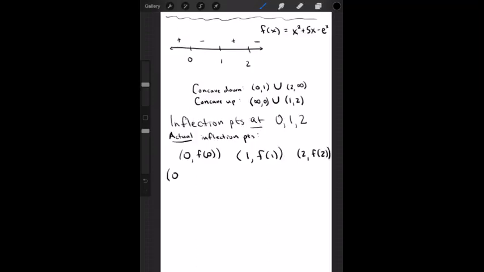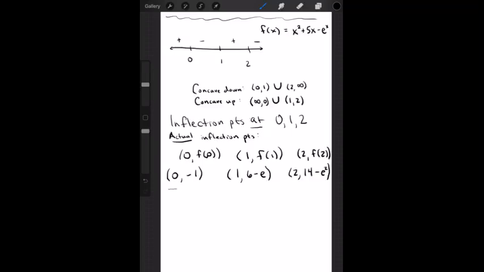Alright, so this point would be 0, negative 1. This point would be 1, 6 minus e. And this point would be 2, 14 minus e squared. Right, so that's the type of answers that third question is actually looking for.